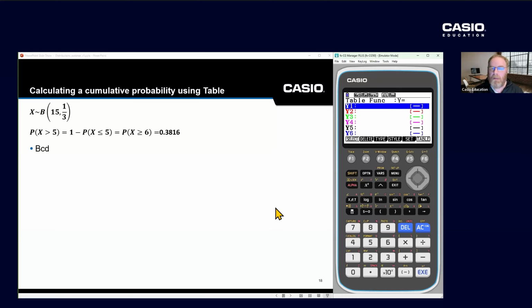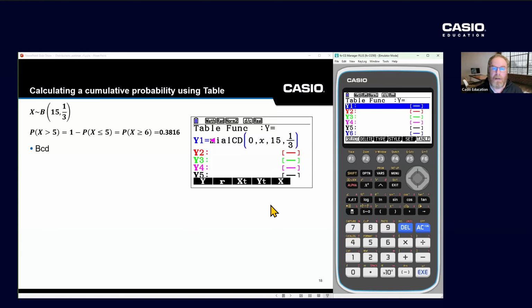There's nothing there. You don't just have to enter a polynomial, for example. You can actually enter calculations. So we're going to enter a BCD calculation. I'm going to access that with stat and dist. There you go, binomial and BCD.